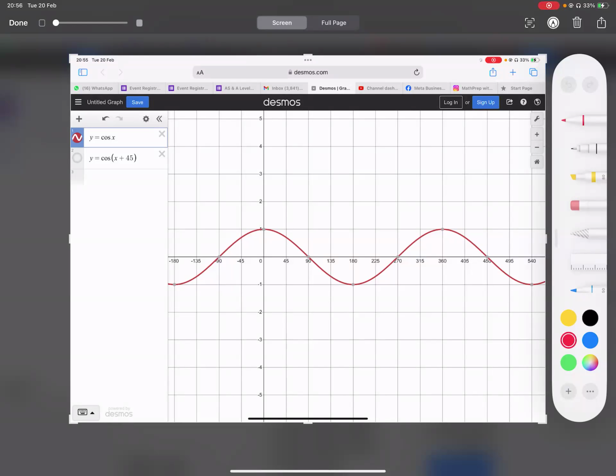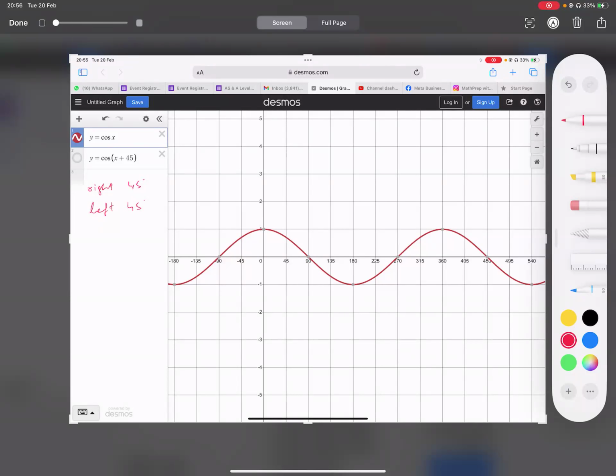So you're saying it should move right by 45. Hazan is saying it's going to shift left by 45. Okay. Anyone else? Any other possibilities? These are the only two options, right? It's a horizontal shift, so it's either right or left. Now, which one of the two is it going to be?